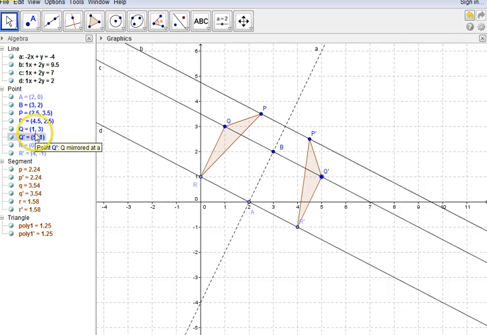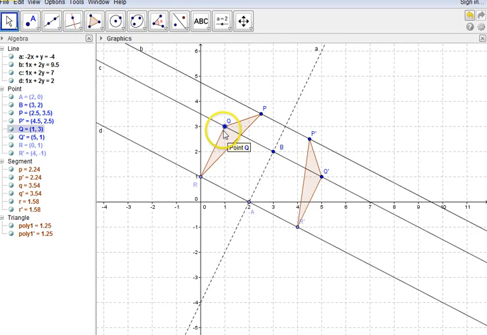So here are their values. And you're asked to do that for R and R prime. So 1 minus negative 1 is 2. 0 minus 4 is negative 4. The slope for R to R prime then is negative 2 over 4, or negative 1/2.